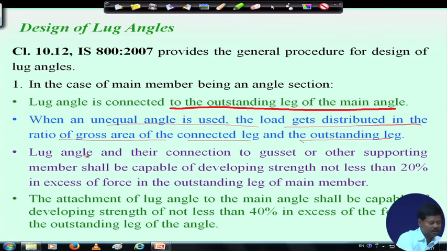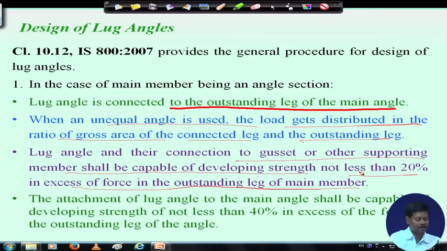Then it says that lug angle and their connections to gusset or other supporting member shall be capable of developing strength not less than 20% in excess of force in outstanding leg of main members. So, minimum 20% in excess of force in the outstanding leg.